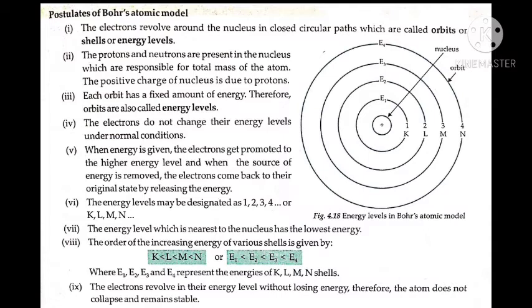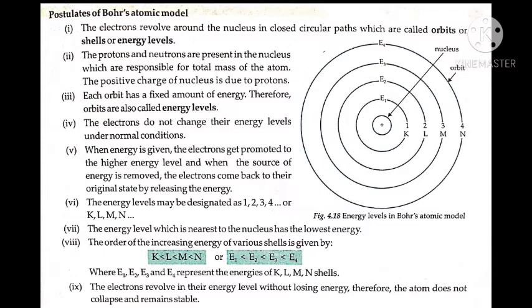The electrons revolve around the nucleus in closed circular paths which are called orbits, shells or energy levels. The protons and neutrons are present in the nucleus, which are responsible for the total mass of the atom. The positive charge of the nucleus is due to protons.